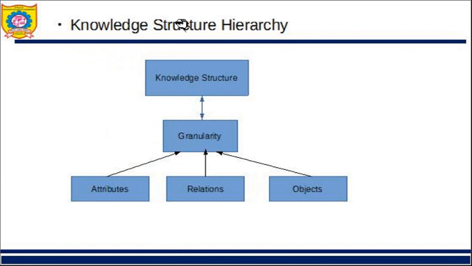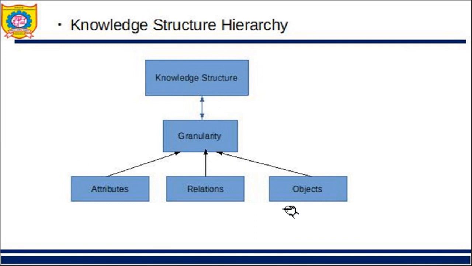So further we are studying the knowledge structure hierarchy. We have the knowledge structure, and these are the five things you have studied. First was attributes. Second was the relation between them. Then how granularity is there at different levels. Then regarding objects, how to represent a set of objects, and finding the right knowledge structure.